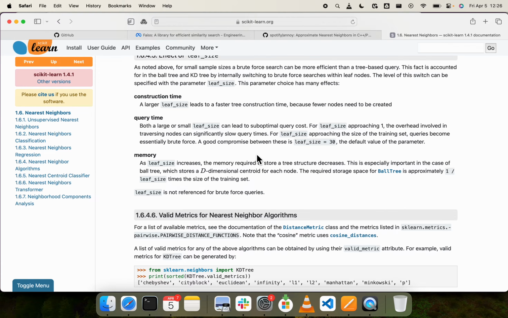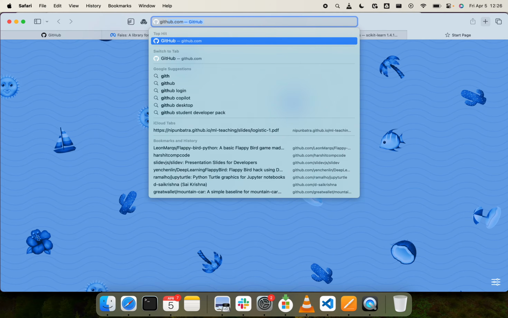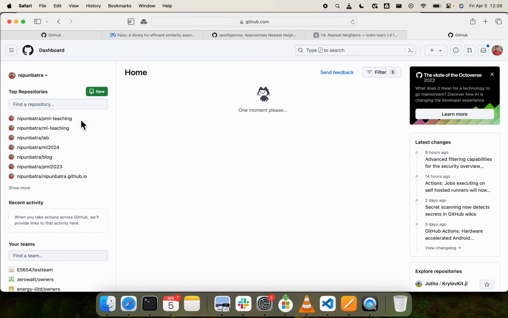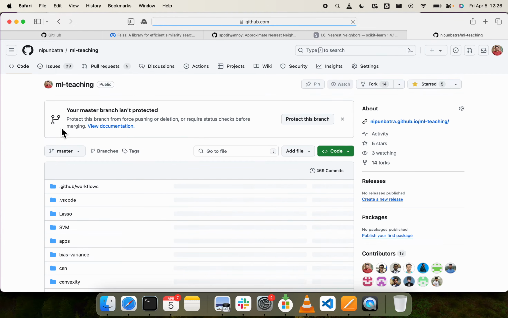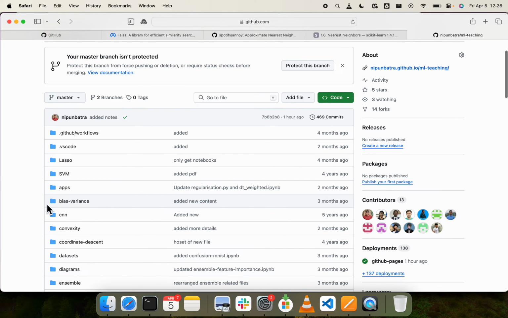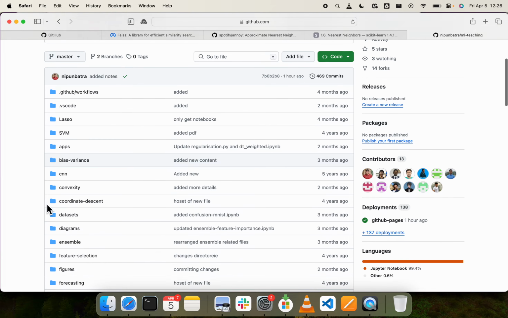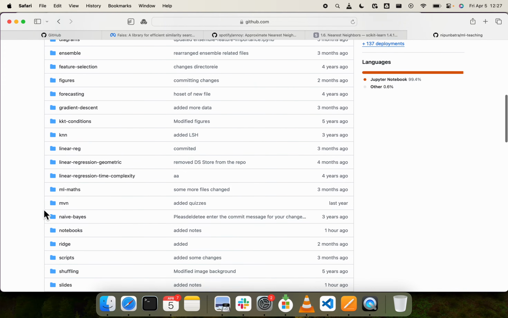Okay, so we still have 25 minutes. We will now do some implementation. Let me share the link to the notebook which I want you to download and work in groups. You can either do that over Colab or you can do that over your local editor. If you already have the ML teaching repo, you could just pull the changes. Otherwise, I'll give the exact link.